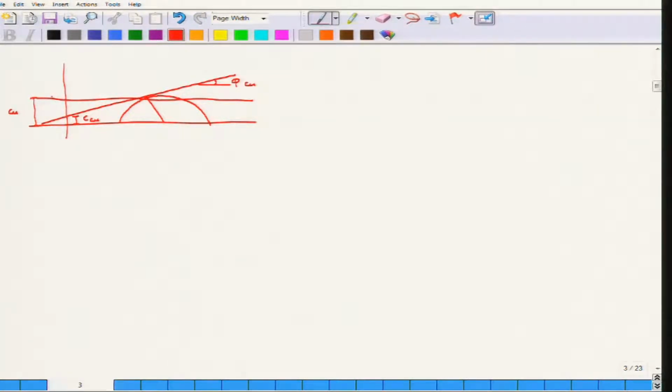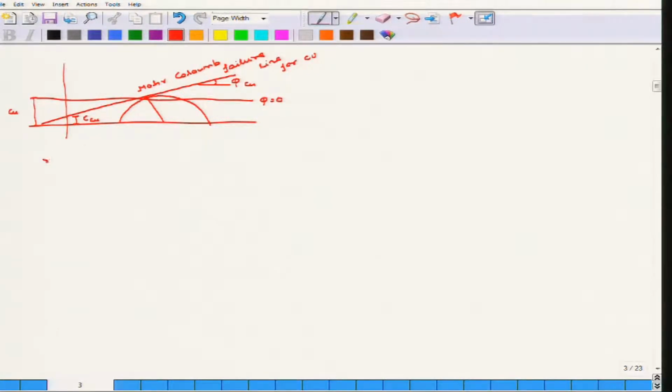Now the Cu will intersect at this point, because this is the shear strength. You can see that this is the Mohr Coulomb failure line for consolidated undrained, and obviously this Cu line, which basically has a phi equal to 0, will intersect the circle at this point.